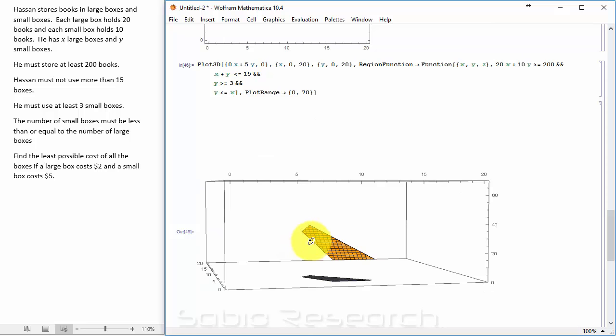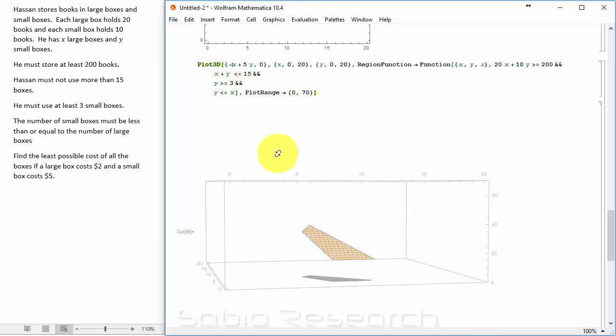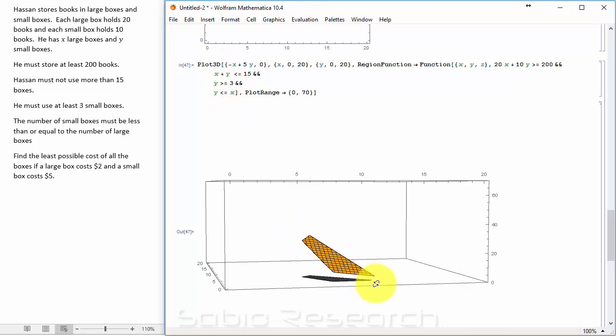Let's see what if they actually pay you to use the box. For example, they pay you to use a large box. What happens? Then see you've already packed the book here, but you actually use more boxes so that you make money. So you use this one here, but you are limited by how many you are supposed to use. So you are limited to 15.